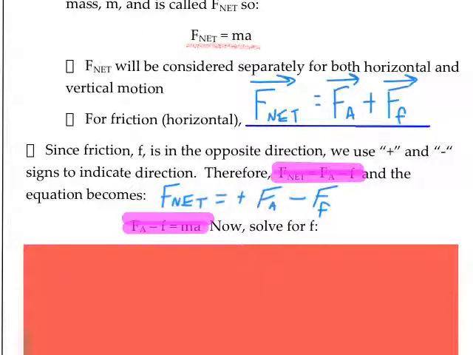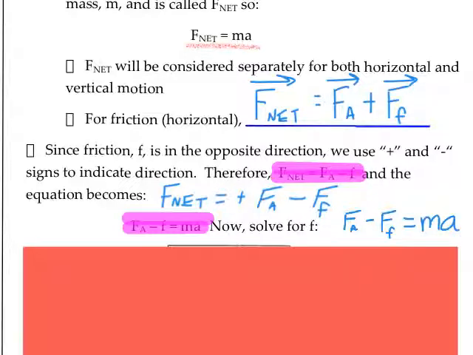So now if I substitute that in for Newton's second law, which is right here, I would say my positive applied force minus my frictional force, that's my F net, that total is going to equal mass times acceleration. This is Newton's second law.